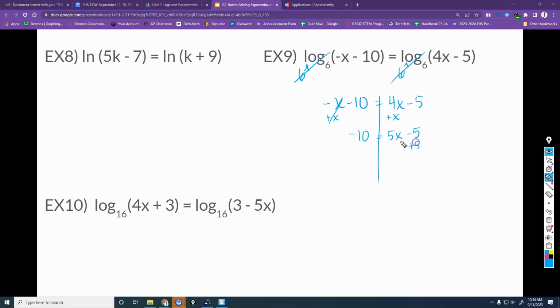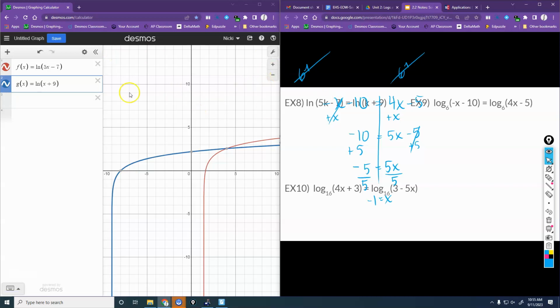Add the 5. All right, so I get negative 5 equals 5x. Divide by 5. Negative 1 is my answer. Now, I want you to check on Desmos for all of these. I feel nervous about this one because I feel like there's going to be an issue.